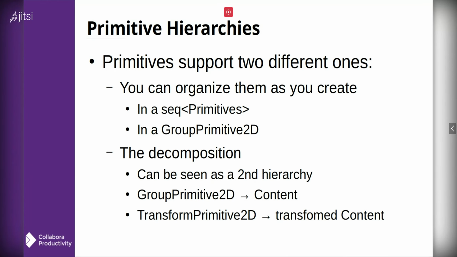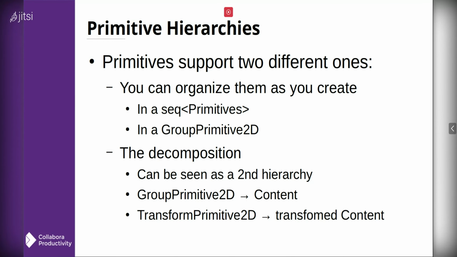It makes no difference for the renderer because a group primitive just gets decomposed to its content. So this is just an organizing possibility. So the sequence of primitives does not have to get long and ugly if you plan it the right way.